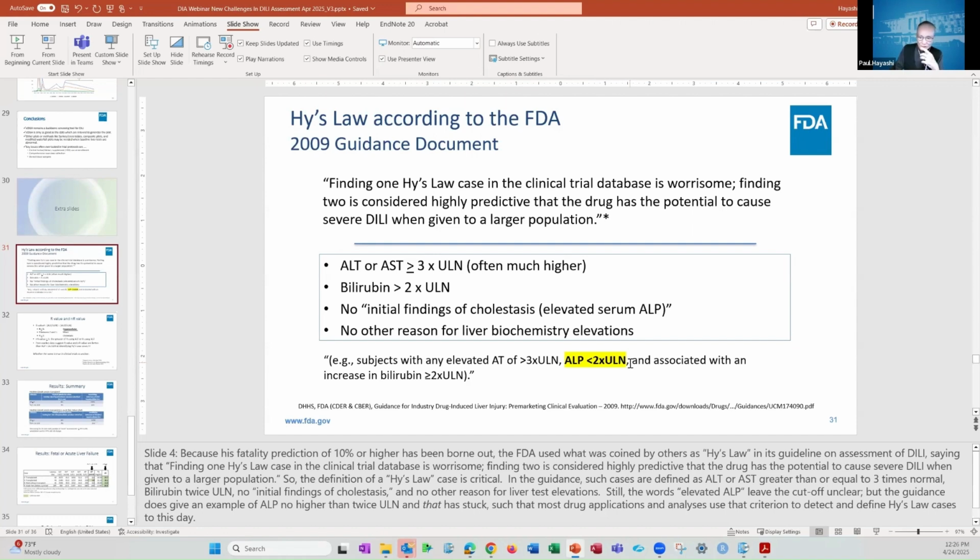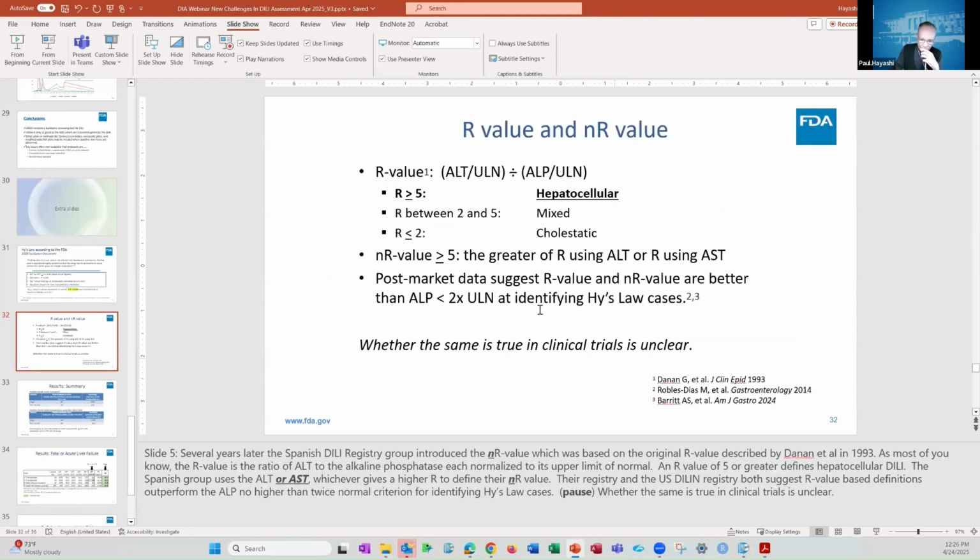And the trouble is that the alk phos does actually go up in bad hepatocellular injury. That was brought out by something called an R value. This is in the post-market literature, where an R value is the ratio of the ALT divided by the alk phos, each corrected for upper limit of normal.